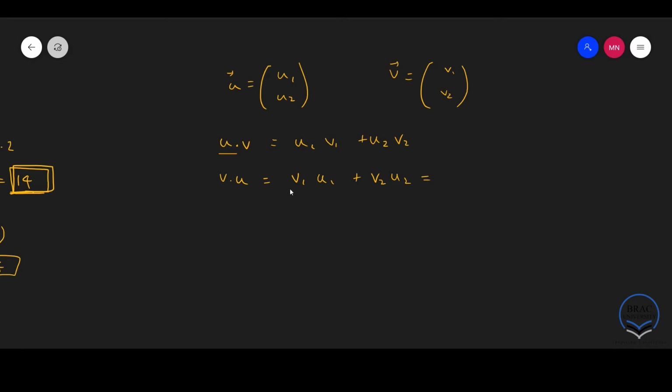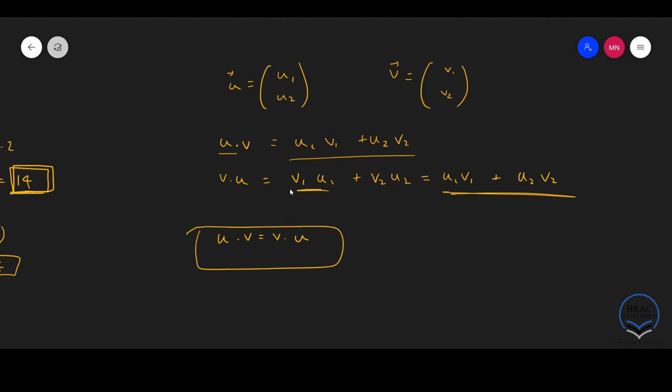I can rewrite this as u1 v1 plus u2 v2, and you can see that they are the same. So u dot v is equal to v dot u. From this, we can see clearly that the dot product is commutative. We should know what this means: if I interchange the order, I still get the same thing.